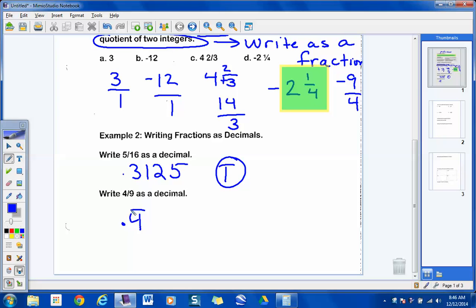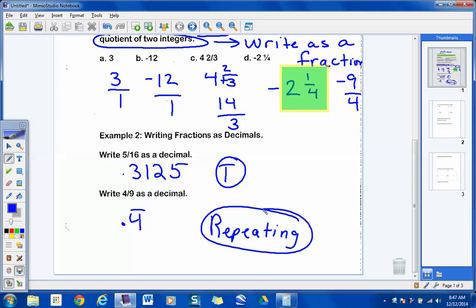Starts with an R. Rational. Terminating decimals are also what kind of number? Rational. Okay, I'm going to put an R down here for repeats, but any decimal that either terminates or repeats is considered rational.